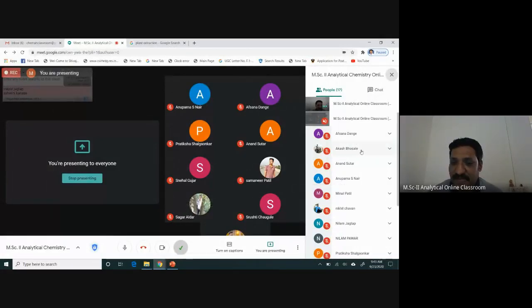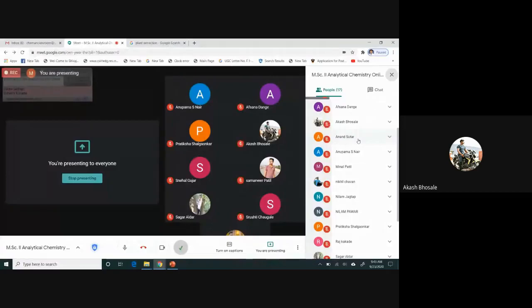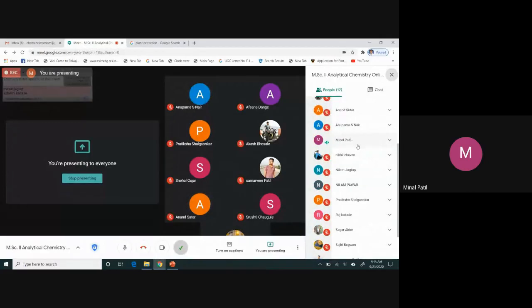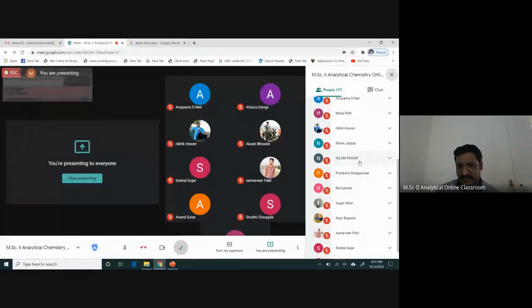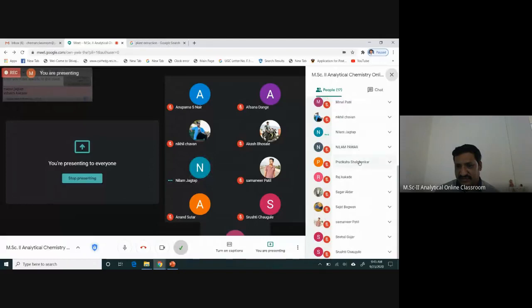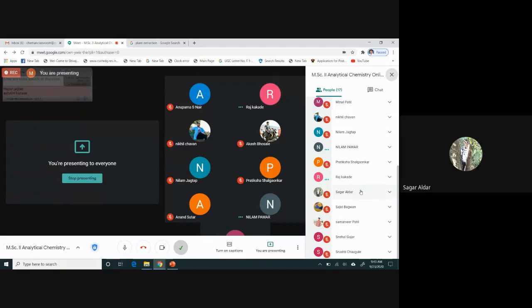Akash Bhosle, Anand Sutar, Anupama Nair, Minal Patil, Nikhil Chavan, Neelam Jagtap, Neelam Pawar, Pratiksha Shagavkar, Raj Kakade, Sagar Aldar, Rajit Bagwan, Samarvir Patil, Snehal Gujar, Srishti Chaugule.